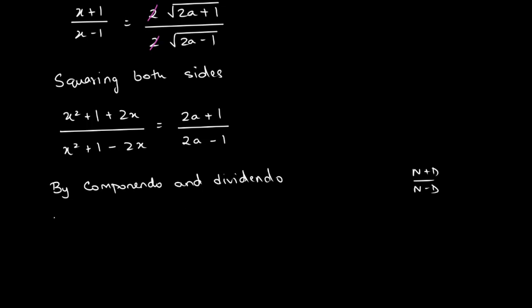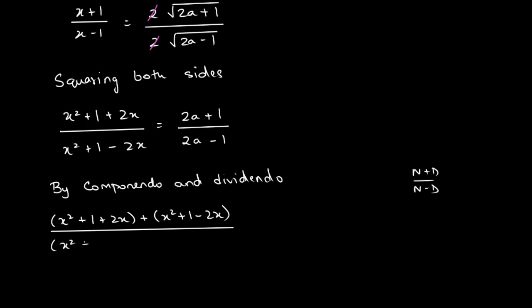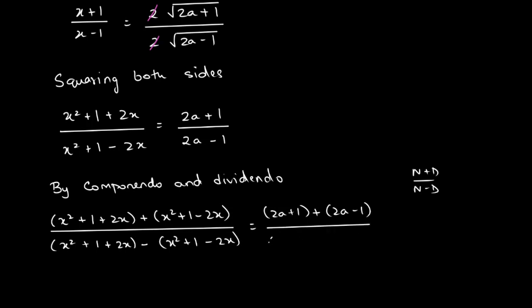So by componendo and dividendo, my numerator x squared plus 1 plus 2x plus my denominator x squared plus 1 minus 2x, the entire thing divided by my numerator x squared plus 1 plus 2x minus my denominator x squared plus 1 minus 2x. Same thing on the other side: my numerator 2a plus 1 plus my denominator 2a minus 1, upon my numerator 2a plus 1 minus my denominator 2a minus 1. So numerator plus denominator upon numerator minus denominator.